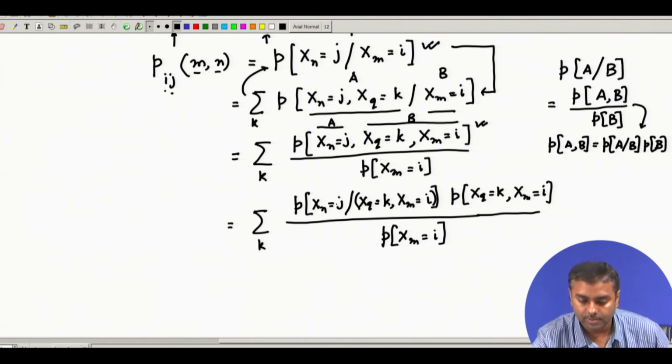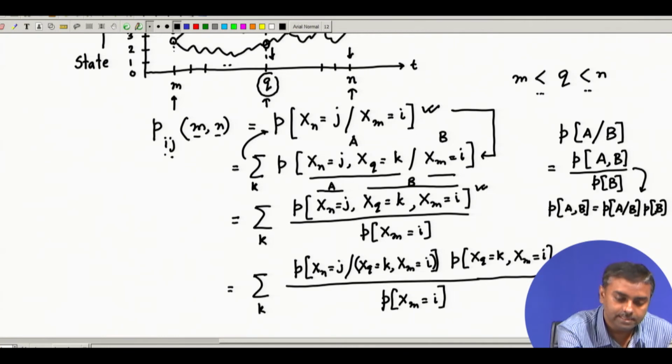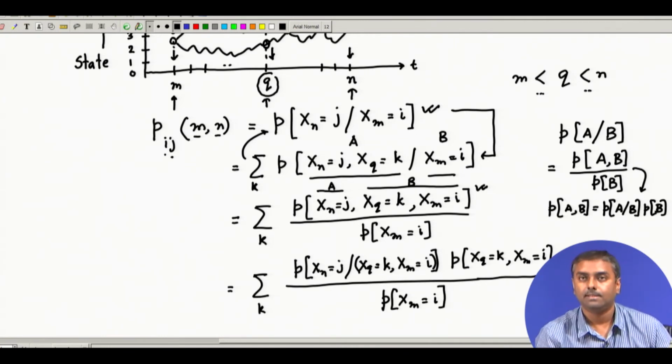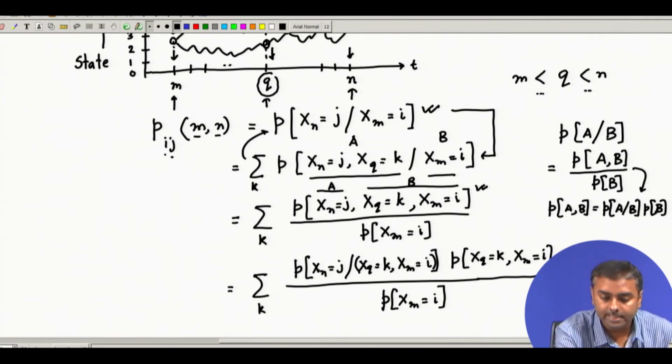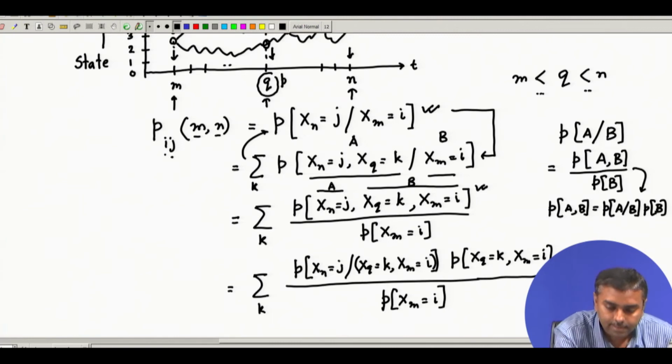So, if you along with that try to see the diagram, this is x_n given two events, one is the near past and this is the far past. I can take the near past as if it is my present, and this is my past.